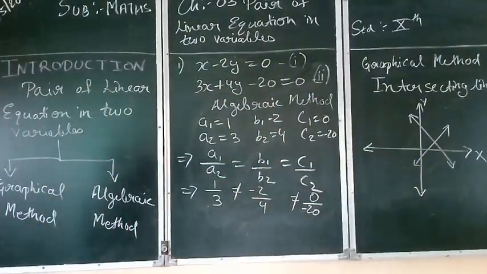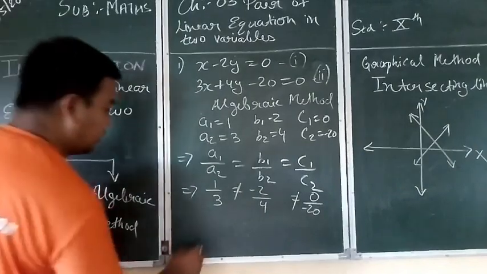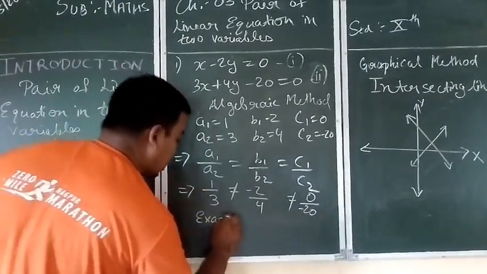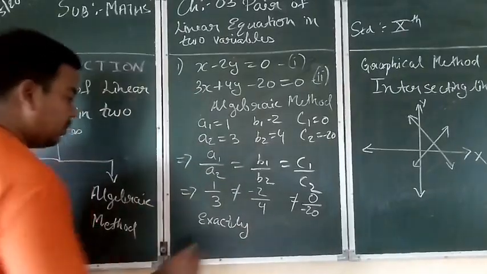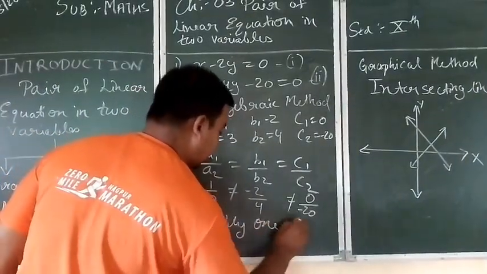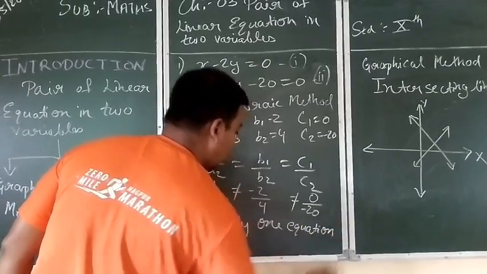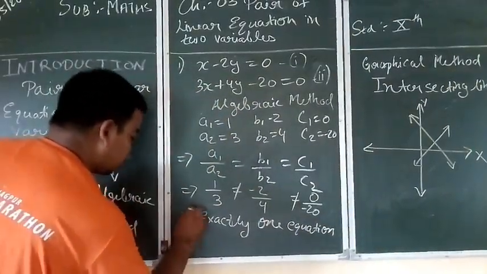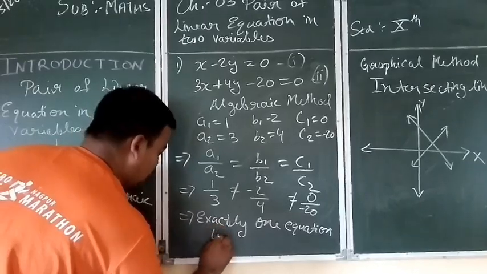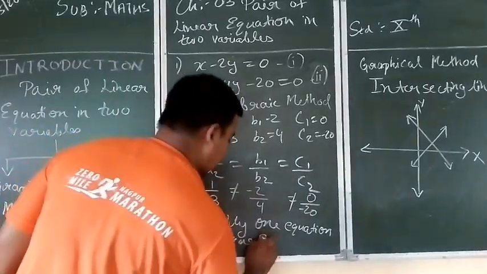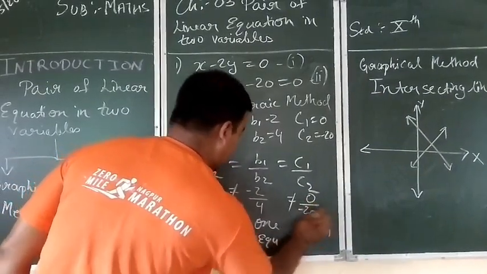And in our numericals, we call it exactly one equation. We also call it a unique solution, only one solution.